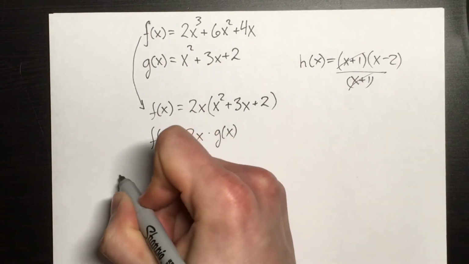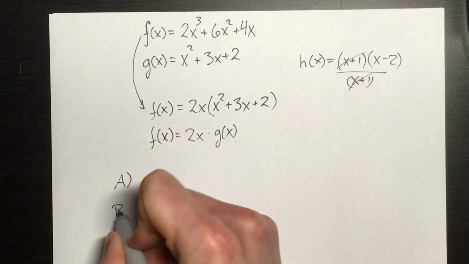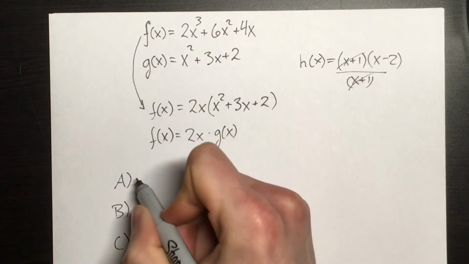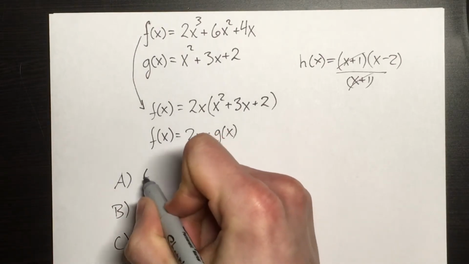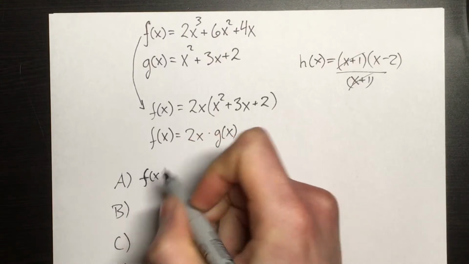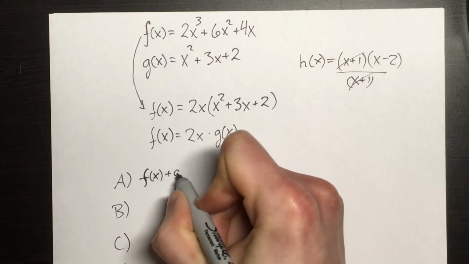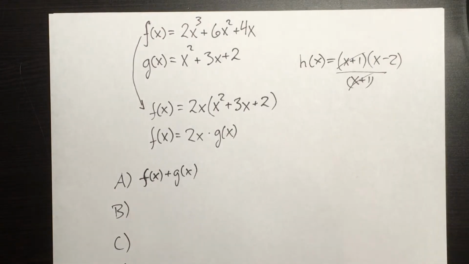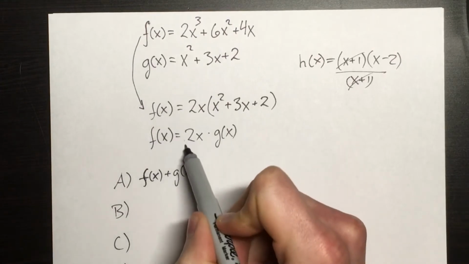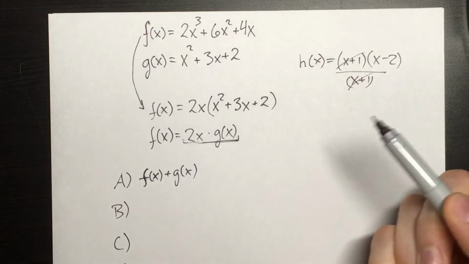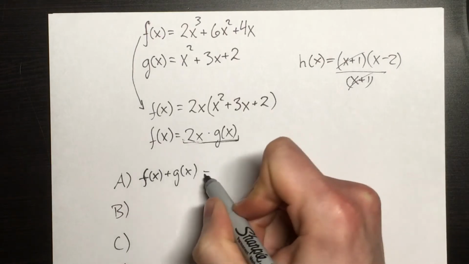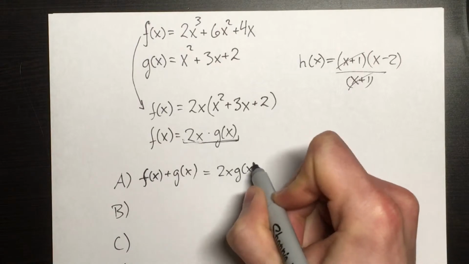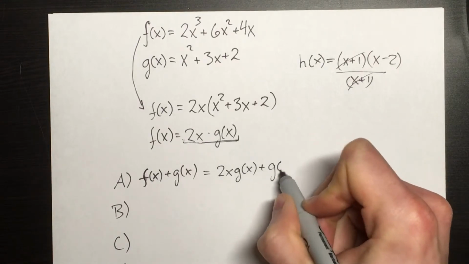Now let's just write out our answer choices and do the following. So here we're told for A, f of x plus g of x. In each of these answer choices, we're just going to plug this in for f of x, and you'll see why. So this would be equal to 2x g of x plus g of x.